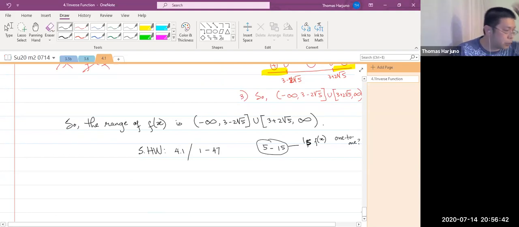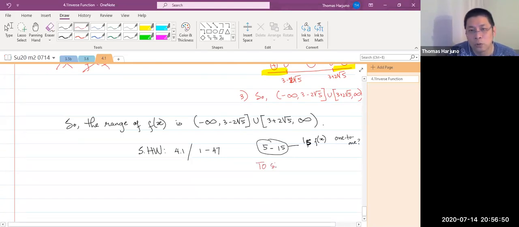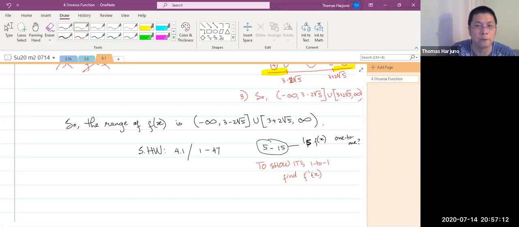There are two ways to do it, and they are actually quite opposite. To show it is 1-to-1, what you can do is find the inverse function. If you see that the inverse is a function, then it is 1-to-1.